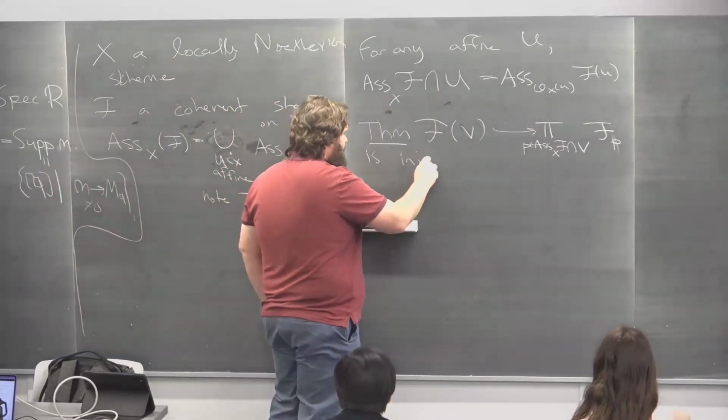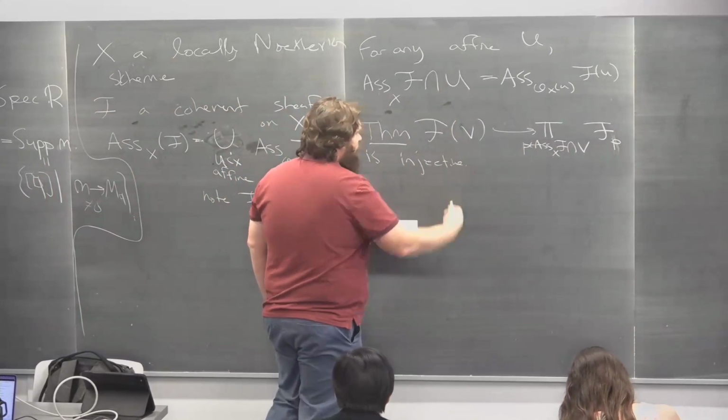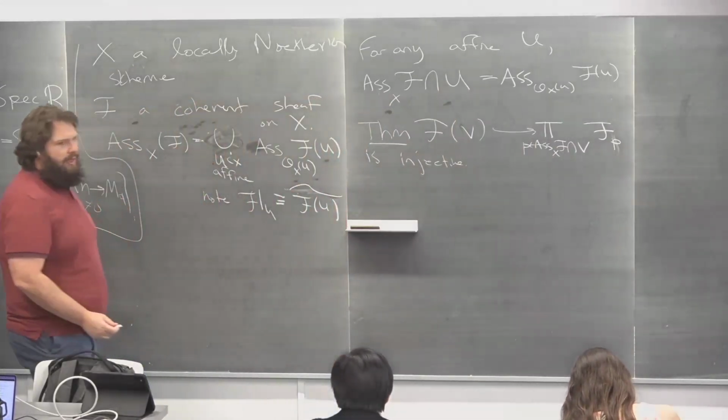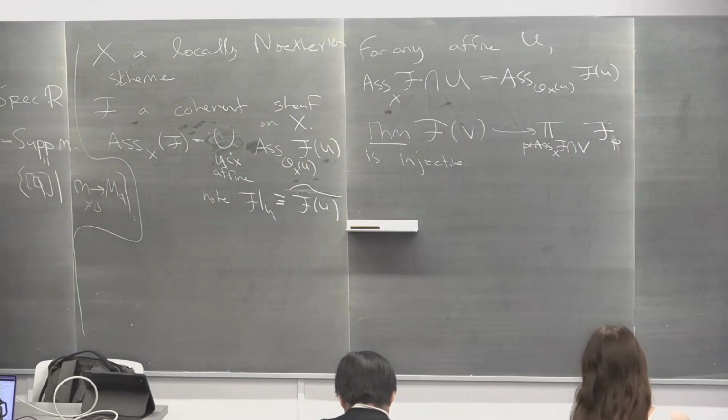This map is injective. So in order to know what a section is, I only need to know what its value is at the associated points.